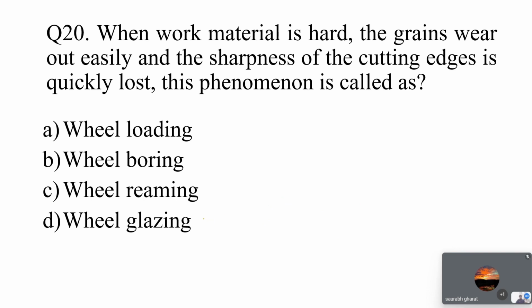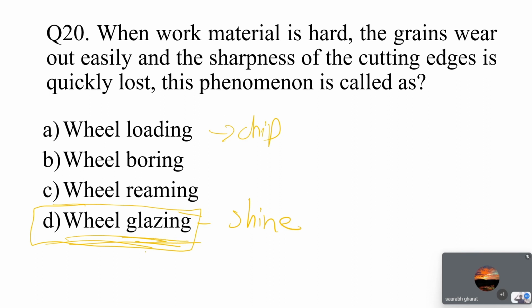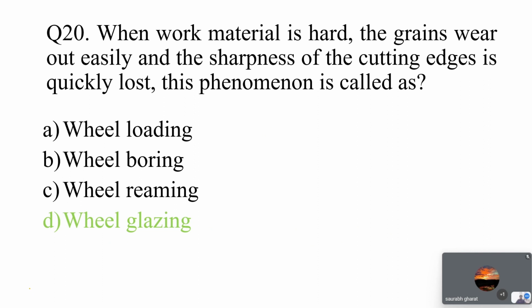That shiny surface is called glazing. Wheel loading is different, which is due to chips, and wheel glazing is the shine. Due to rubbing action, it got shiny and glazed. So your correct answer is wheel glazing.